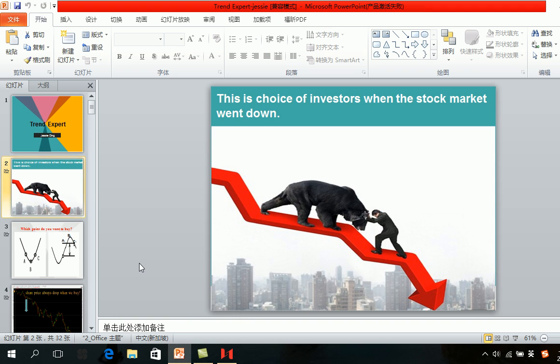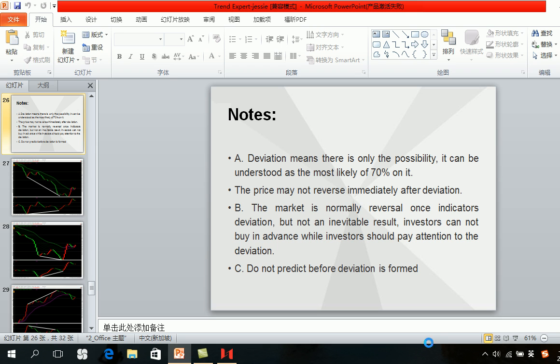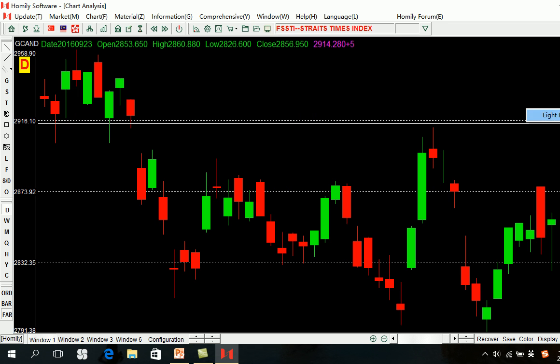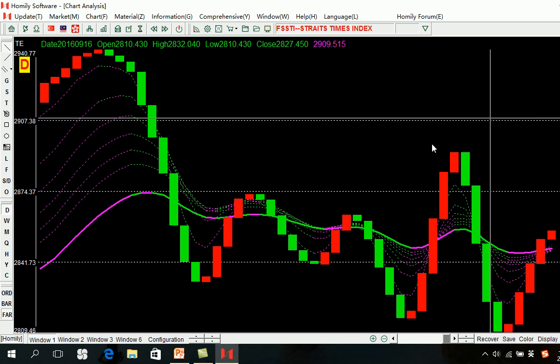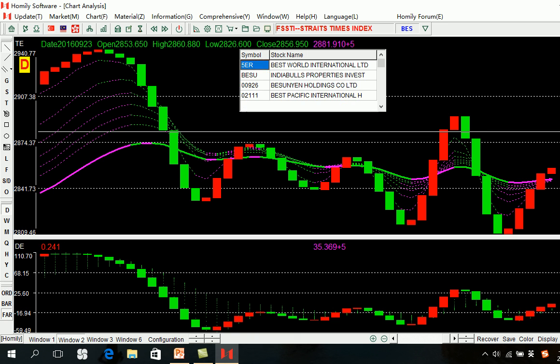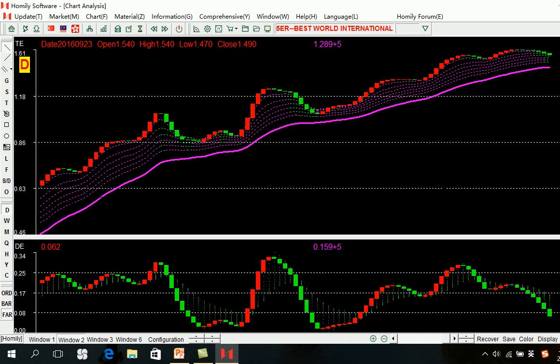Today we learned how to use trend expert to judge the stocks. So let's see this one. I give you one shares, then we can confirm. Let's see this stock. This stock is so strong, but not now. Okay.